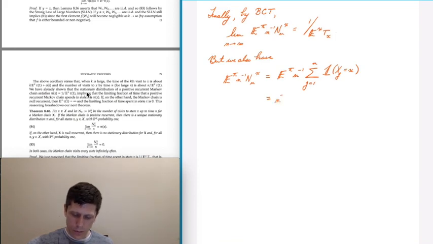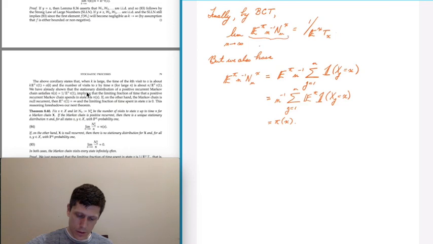And so what we're left with now is a sum j equals 1 to n of the stationary probability of being in state x. They're all the same, so this is just pi x. Okay. So what we must have then, since this property here is what we've already computed, is that this is pi x for all n, then this limit doesn't actually even depend on n, and so we get this expression.